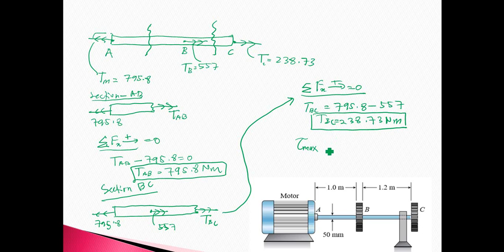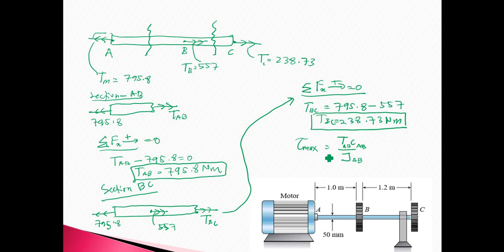So we can calculate tau maximum, which is equal to TC over J, and for this case it is TAB, because TAB is the highest torque in the shaft. So C also is CAB and JAB.